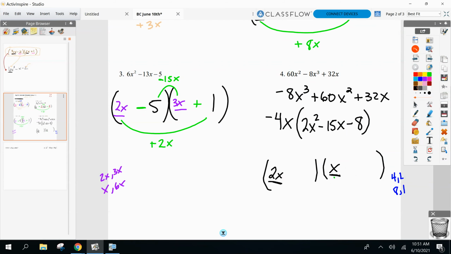So I'll put the 2 over here now and the 4 over here. Ready? Outers, 8x. Inners. Anybody getting a 15 from that? Oh, and now I can ditch them. Looks like it's going to be 8 and 1 somehow.